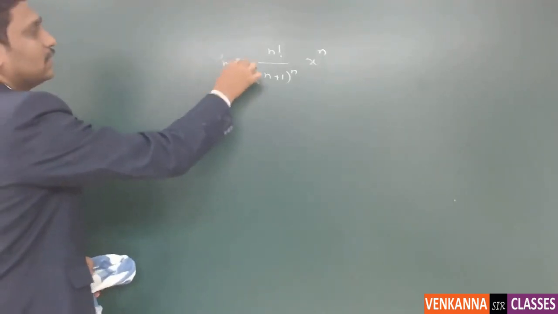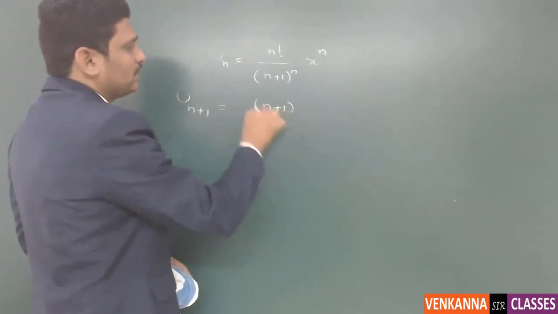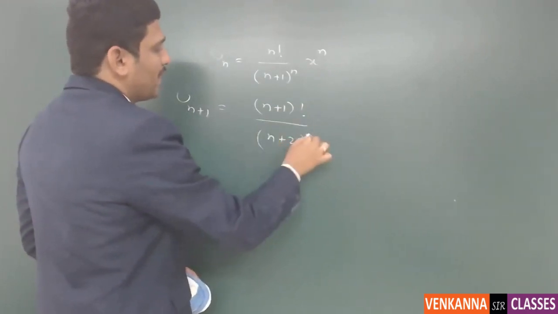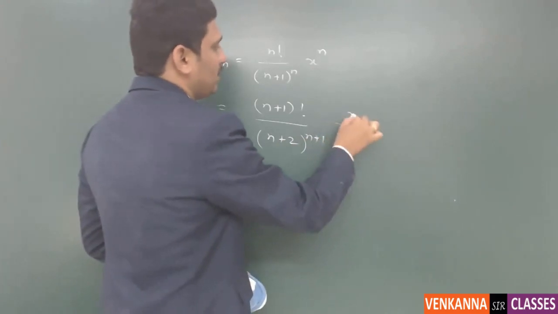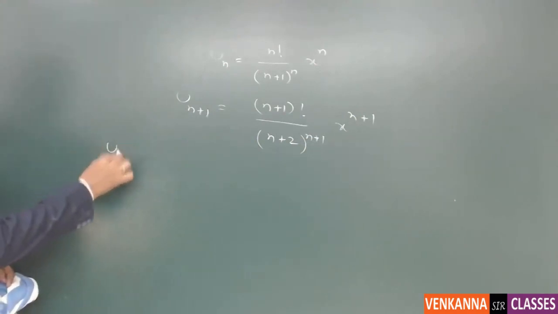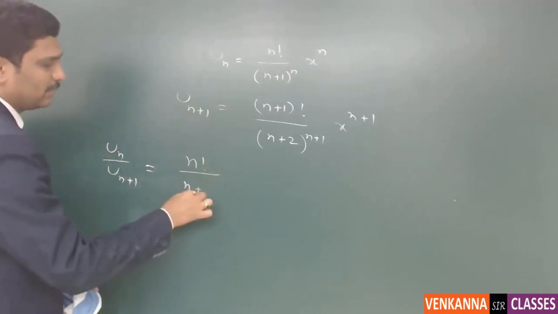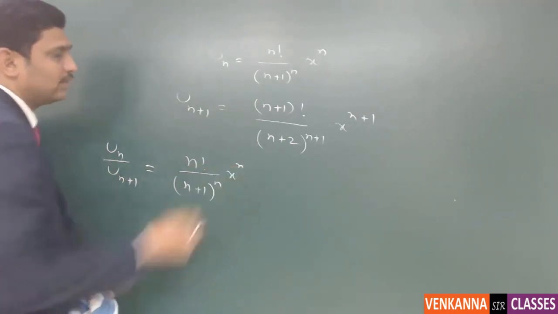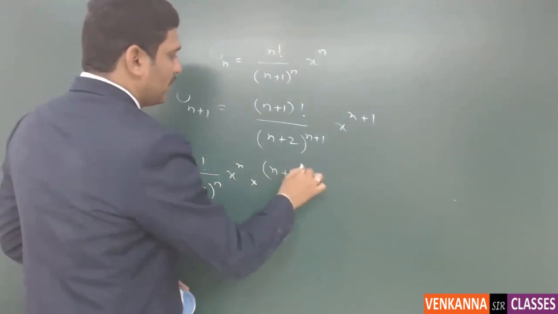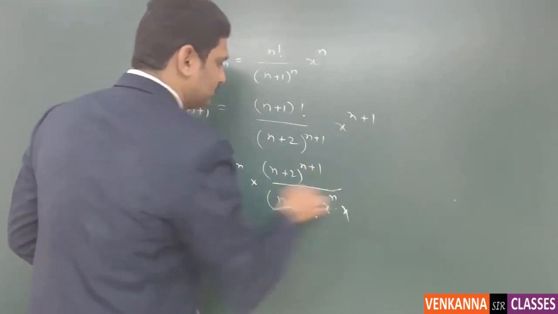So this is un equal to n factorial by n plus 1 whole power n into x power n. So if you take un plus 1 equals n plus 1 factorial by n plus 2 whole power n plus 1 into x power n plus 1. So if you consider the ratio un by un plus 1 equals n factorial by n plus 1 whole power n into x power n into n plus 2 whole power n plus 1 by n plus 1 factorial into x power n into x.